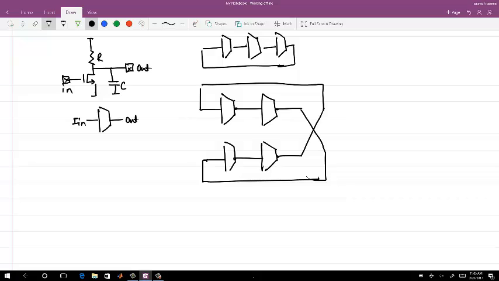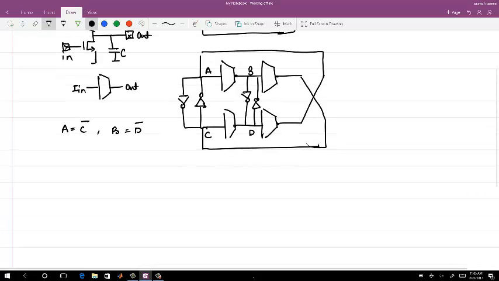Then I told you that you can make it oscillate if you have cross-coupled inverters connected back to back on both of these nodes, and what this is doing is enforcing a relationship between two nodes, like A is C complementary and B is D complementary.